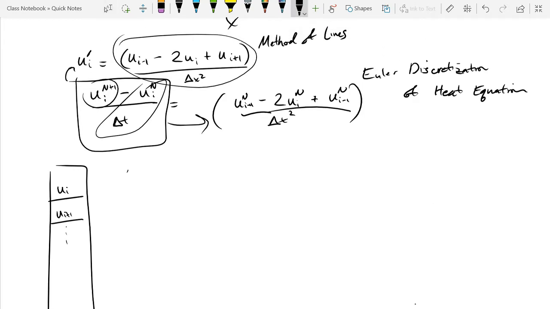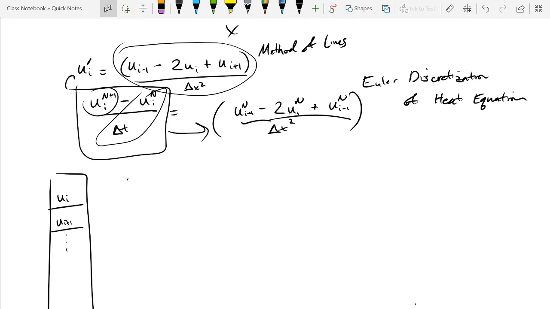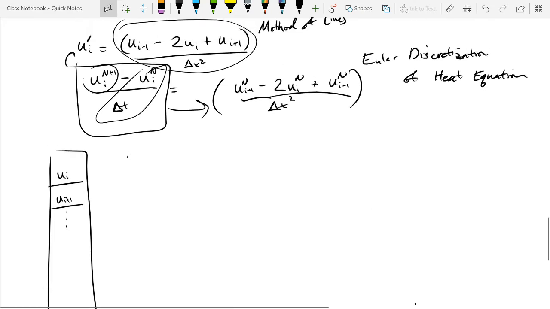This method of lines way is a very practical way to make use of other tools, which is important when we're doing software development. When you're not doing software development, that's why they leave this out of class.